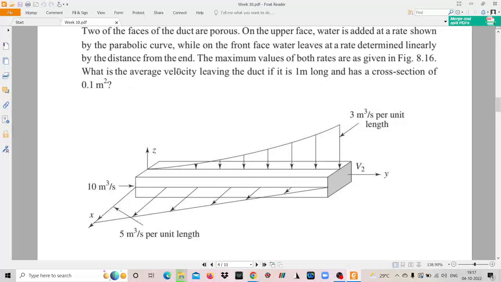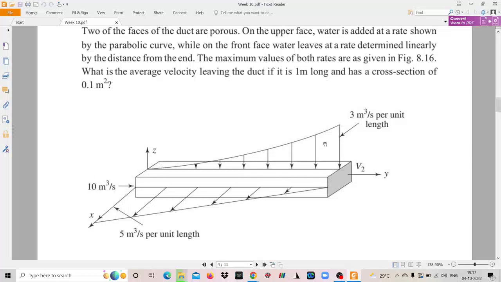It varies with distance from the end. And what is this linear? At one end it is 0, and at the other end, the end at which the water is entering, it is 5 meter cube per second. Now what is the average velocity? See, this is the situation. At one end water is entering at a constant rate of 10 meter cube per second.